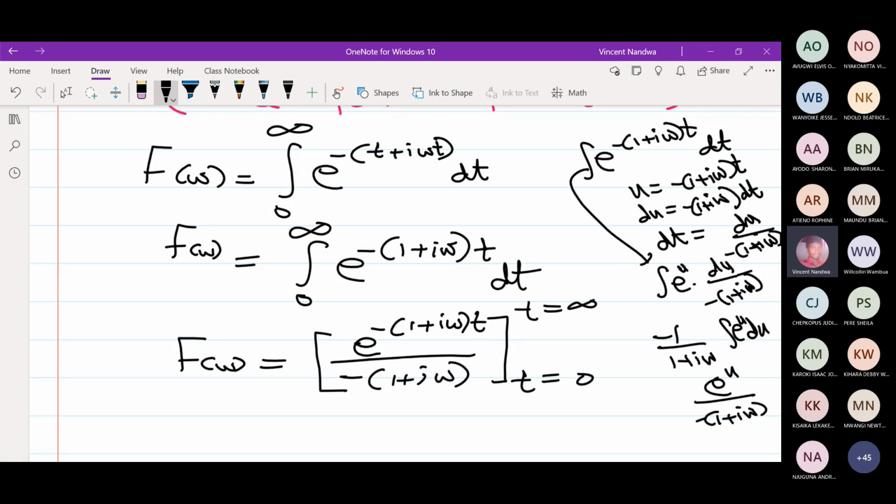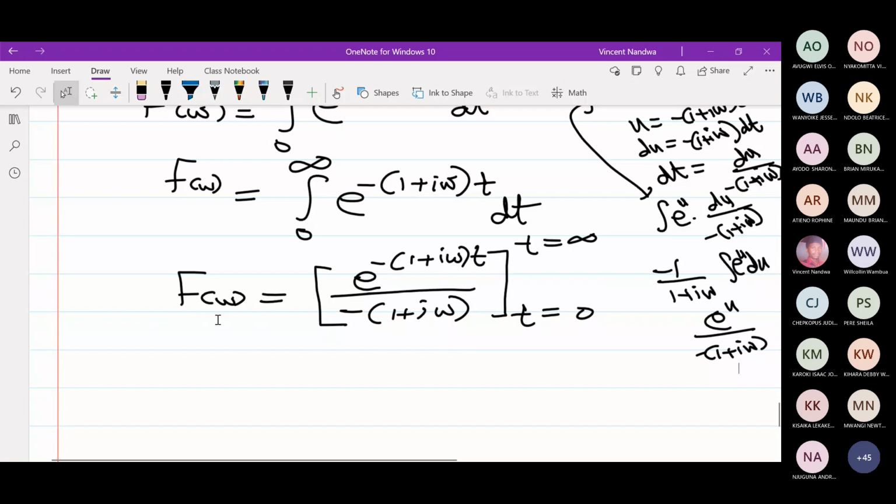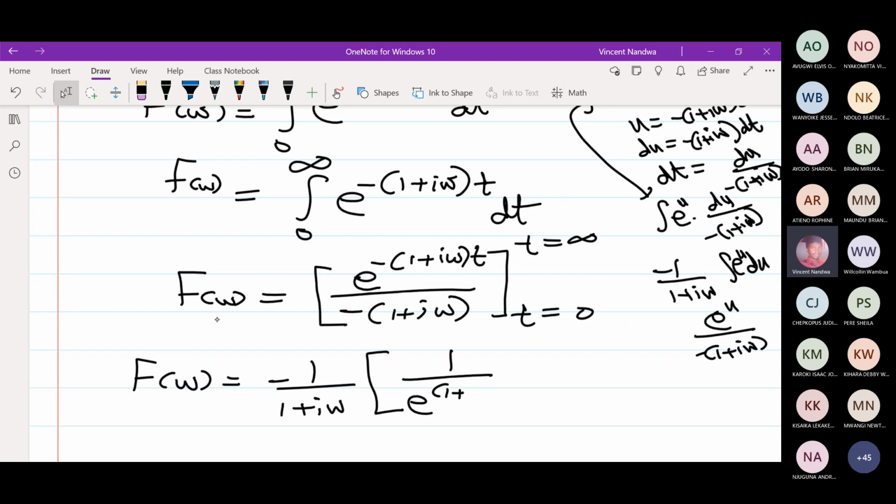This is why we are getting the solution here, which can as well be written as negative 1 over (1 plus i omega) into 1 over e power (1 plus i omega) t, with t from 0 to infinity.